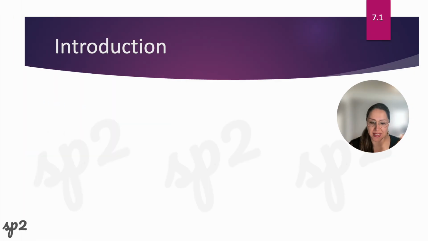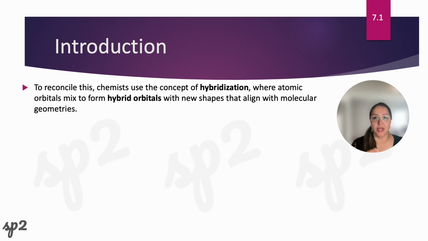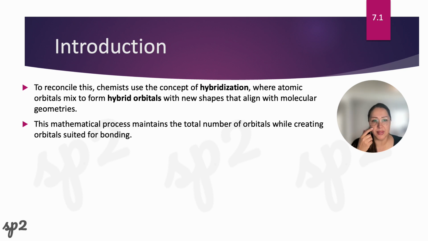To understand why we have identical bonds, chemists came up with the idea of hybridization, where atomic orbitals mix and form hybrid orbitals. We have new shapes, and these shapes align with the molecular geometries. This mathematical process maintains the total number of orbitals, while creating orbitals that are suited for understanding our different bondings.